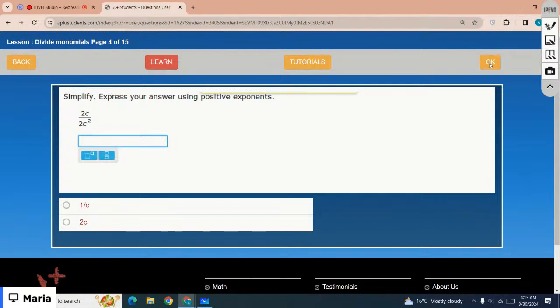Because 2 and 2 cancel out each other, and c divided by c square you have to subtract. So that is 1 over c. You have to subtract their exponents, right?